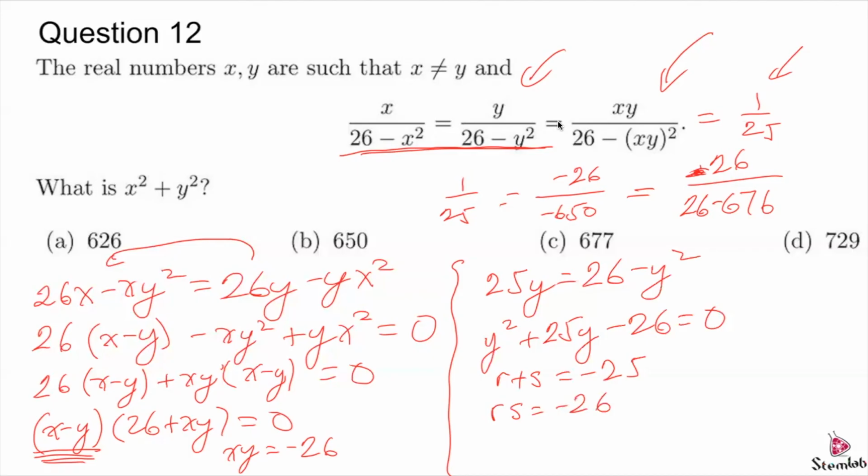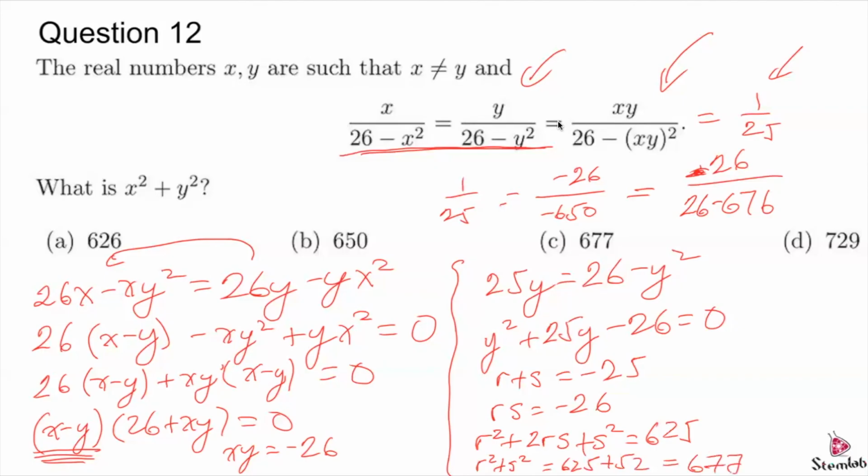So we have r squared plus 2rs plus s squared equals 625. And that's basically the two solutions that we want. But we also know rs is -26. So we have r squared plus s squared is equal to 625 plus 52, which is equal to 677.